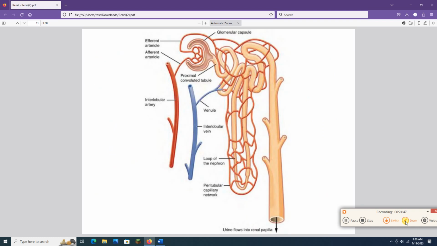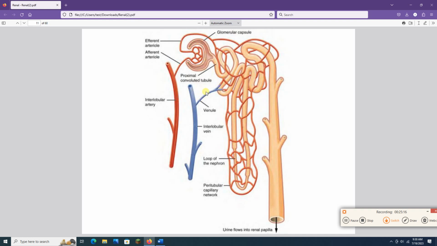Here's just another version of the same stuff. Before we go through them one at a time, there's our interlobular artery and afferent arteriole, taking blood to the glomerulus where filtration happens. Filtrate then moves into the glomerular capsule, the proximal convoluted tubule, the nephron loop, the distal convoluted tubule, and the collecting duct.